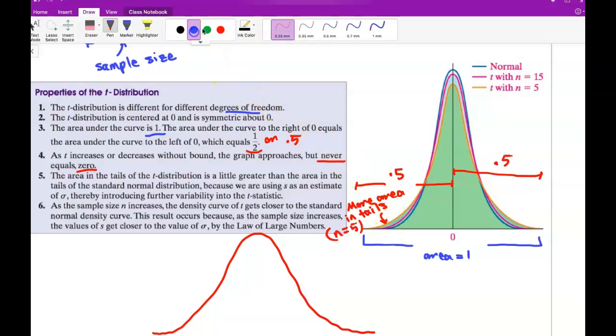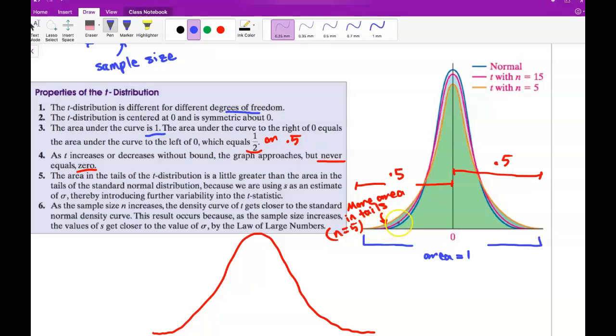But after increasing to 15, the sample size is equal to 15, now the area in the tails on this part is less than what we had on this part.